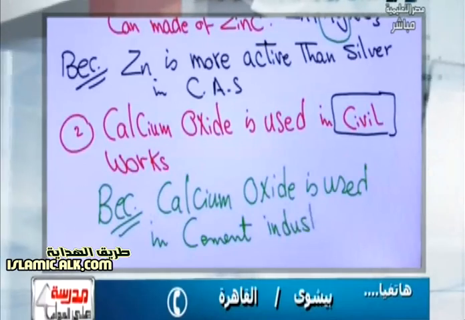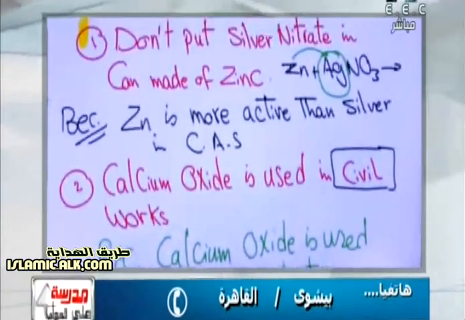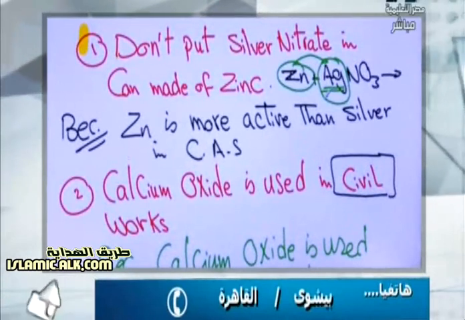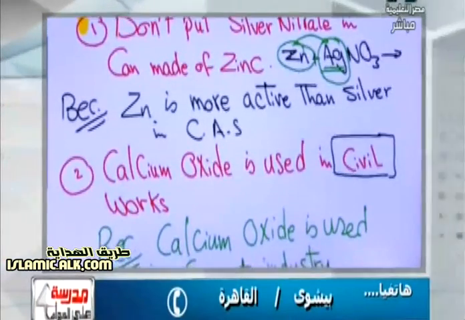I hope Bishoy can understand these two questions as give reason for. Number 1: zinc is more active than silver in the chemical activity series, and number 2: calcium oxide is used in civil works.